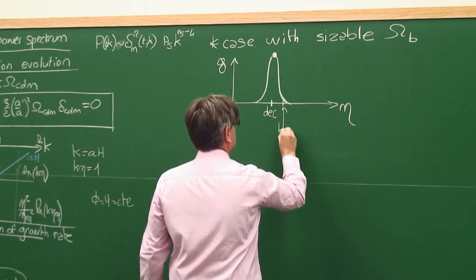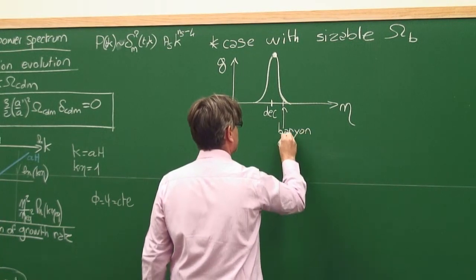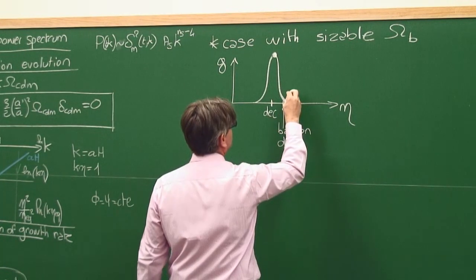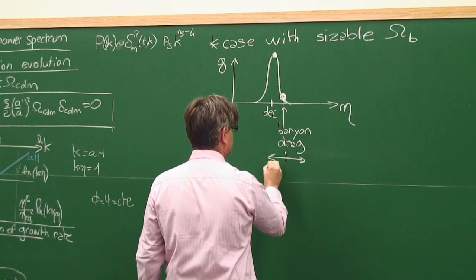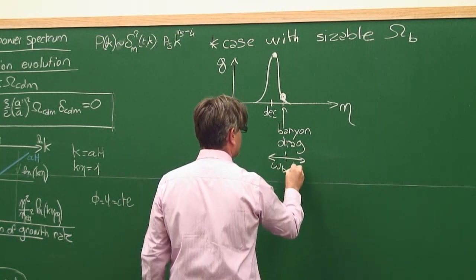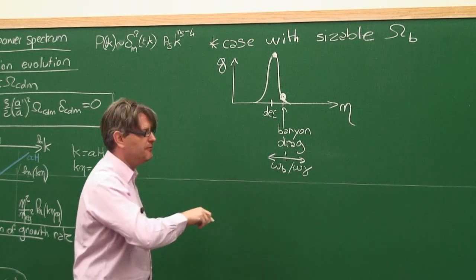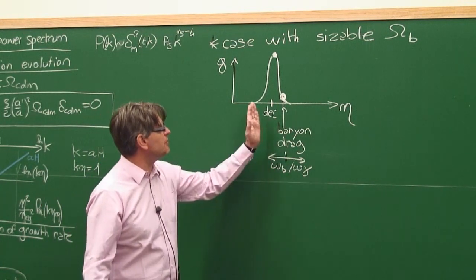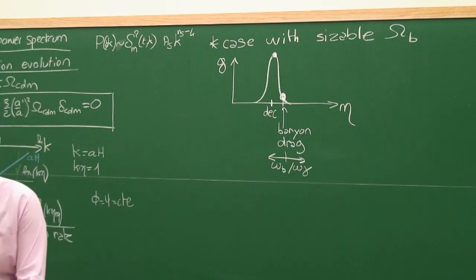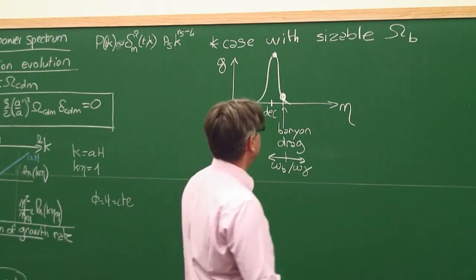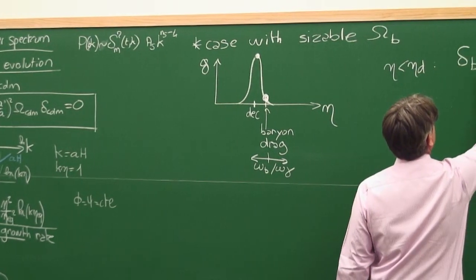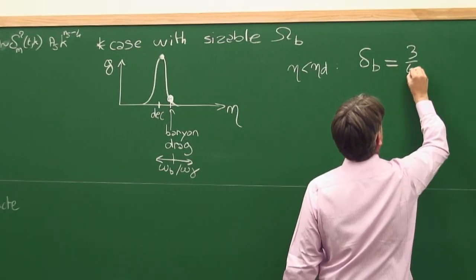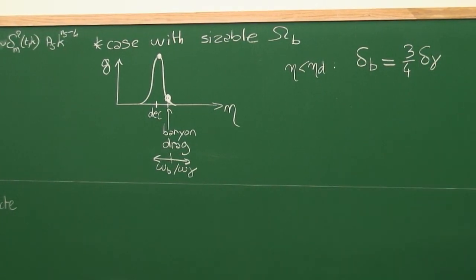So this is sometime after decoupling, baryon drag. It's when baryons are really released from the photon baryon fluid. And what controls this time is the relative abundance of baryons with respect to photons. So since photons have a fixed density, omega b is a parameter controlling exactly this time. Before this time, I still have the relation delta b equals 3/4 delta gamma that follows from thermal equilibrium with the photons.